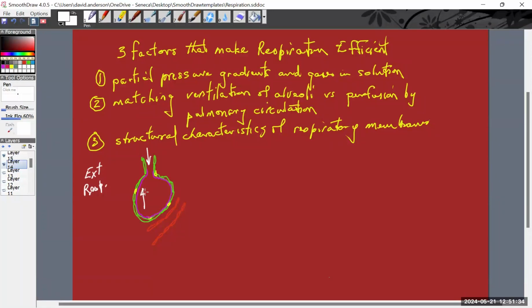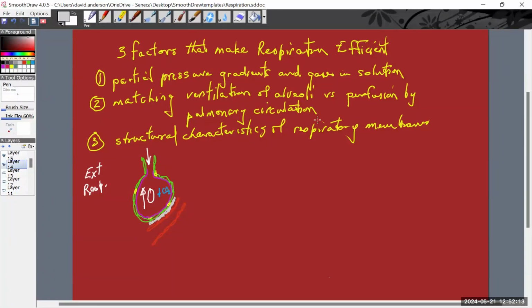So we know that it's going to be high in O2 and low in CO2. Okay, and this is our blood vessel, and it would share a common basement membrane.